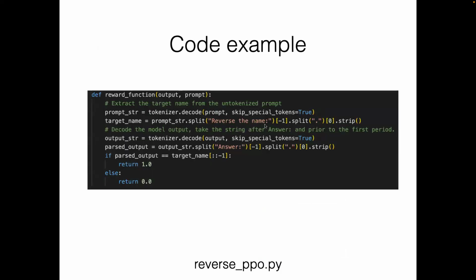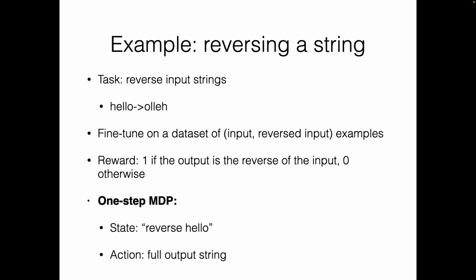Okay, so here, this code isn't too interesting, but you could see that your reward is either 1 or 0 based on whether it's correct or not. Okay, and so now here we will use this one-step MDP. So again, the action is just generating a full string.